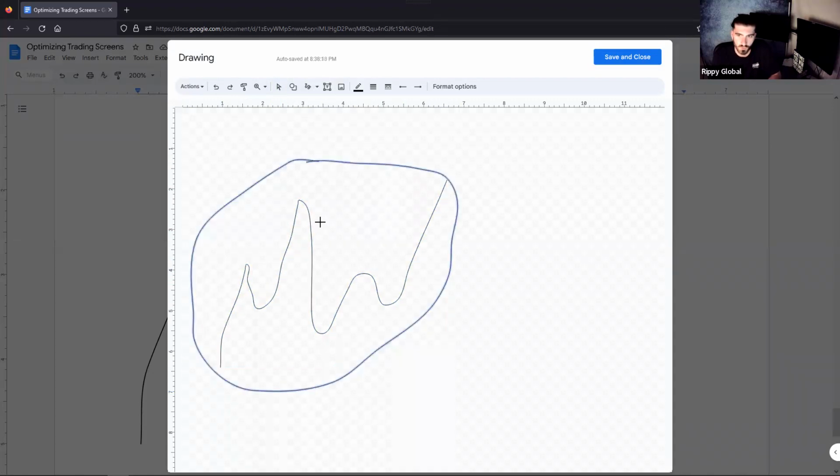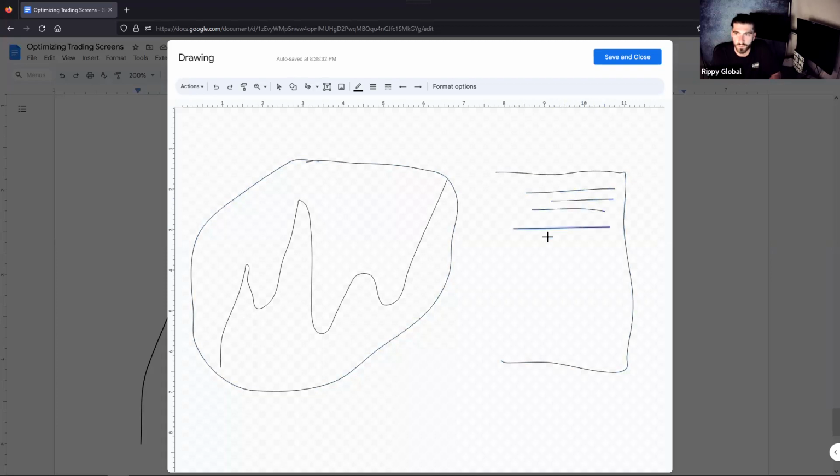Obviously, it's a line chart if you want to call it technical terms, but imagine this is like the candlesticks moving up and down. So the volume shelf is always going to be on one side of the chart, and it shows you levels. And by levels, it's the volume heaviest to lowest. So I'm just going to, this is going to be very bad, but I just want to get an example going for you guys so you understand how this works.